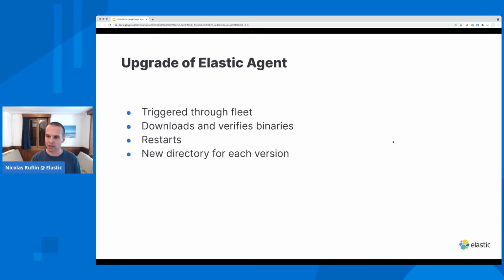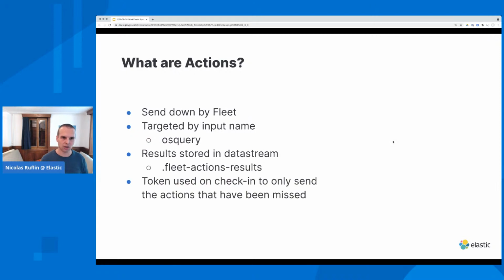It creates new directories for the new versions and copies over the state. We actually had a bug there recently around the state copying. It copies over all the old state to the new one and spins up the new process, including upgrading itself. So there's some magic going on here.